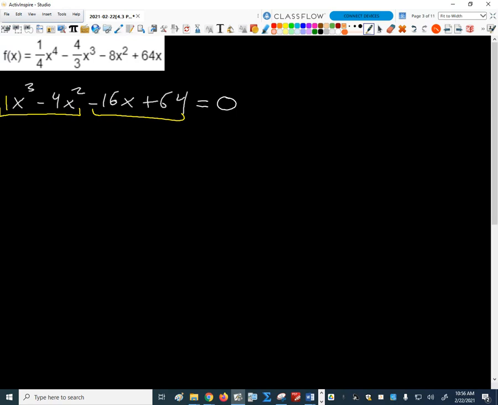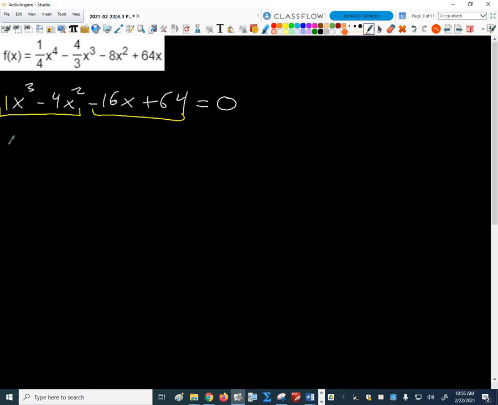Just type it in chat, somebody, everybody. Somebody say something. Can you hear me? Yeah, I can. Okay, good. You pull an x squared out of the first one and 16x out of the second one.